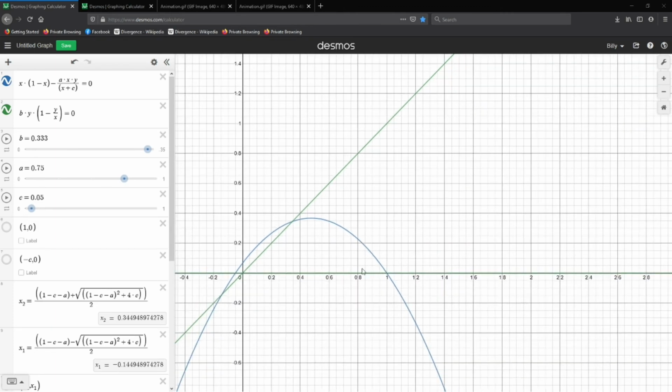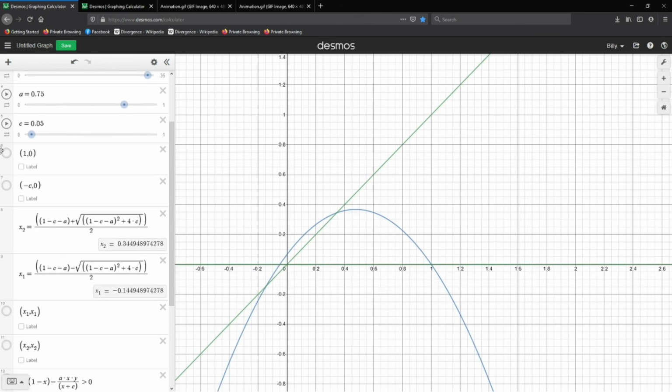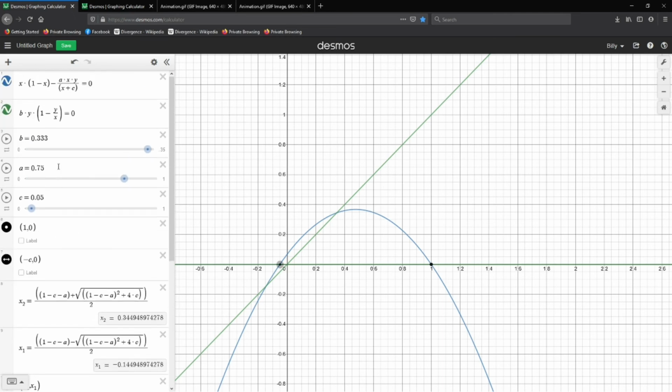And this is the Desmos plot of the null lines, where I've also included all of the equilibrium points that we solved for in terms of any general A, B, or C in the problem.